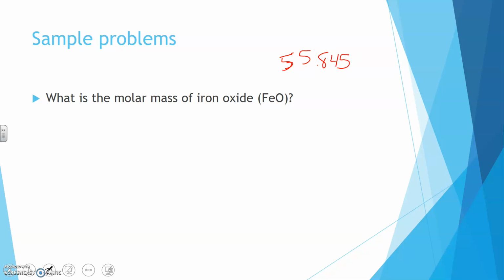You only have 1 iron, so you don't need to multiply that by anything. And then you're going to add in the oxygen. There's only 1 oxygen, so you don't have to multiply that. So it's 55.845 plus 16. That gets you 71.85 grams per mole, the molar mass of iron oxide.